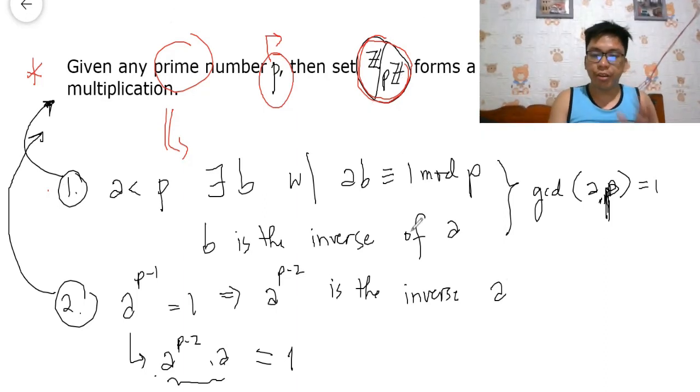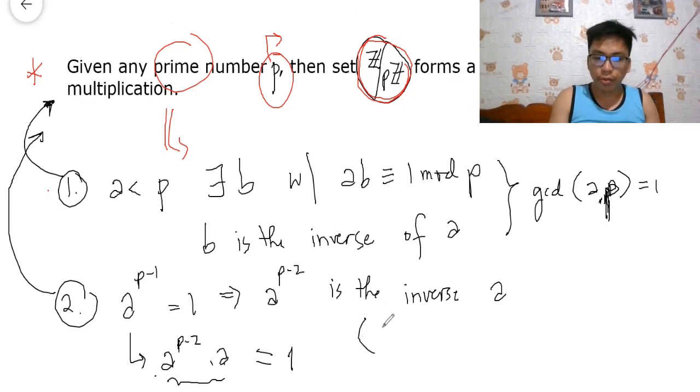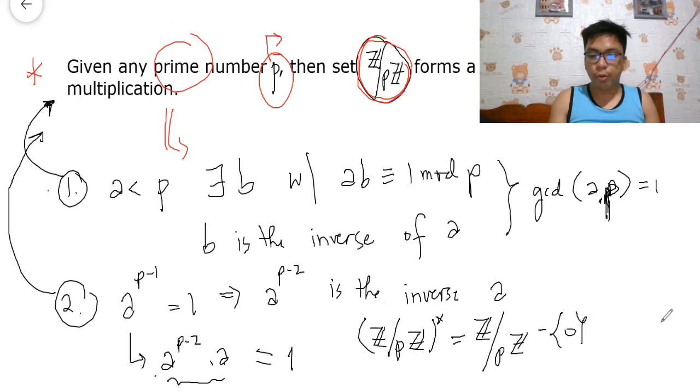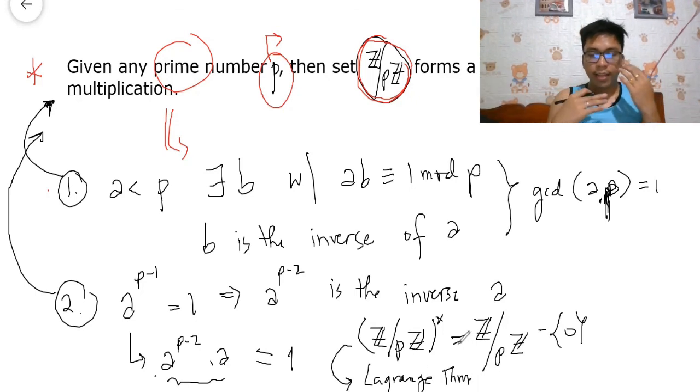The hint for this is that we will show that the powers of any element form a subgroup. So Z mod pZ, excluding the 0, is a group under multiplication. By that, we can use Lagrange's theorem, which says that the order of the subgroup divides the order of the ambient group.